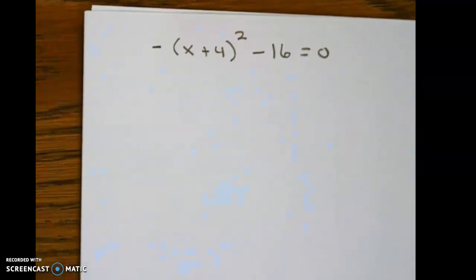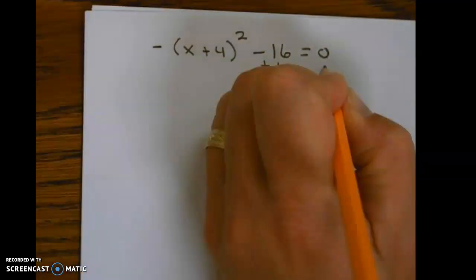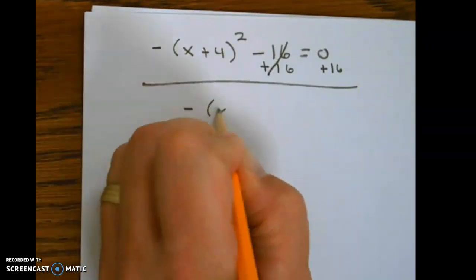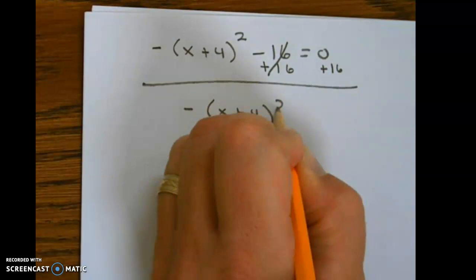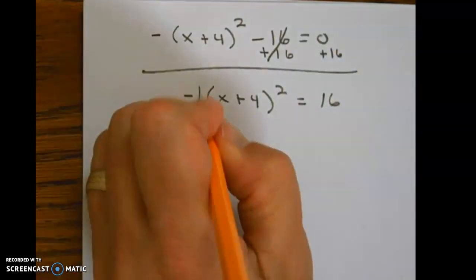All right, so solving for x. Go ahead and start. Divide by the negative 1 out front.